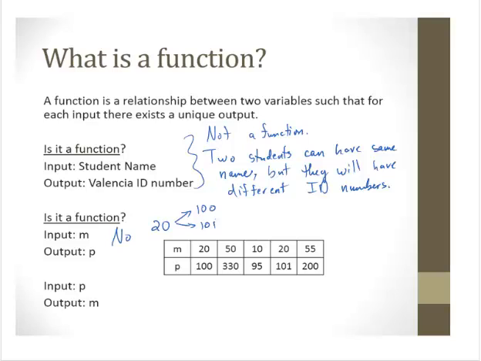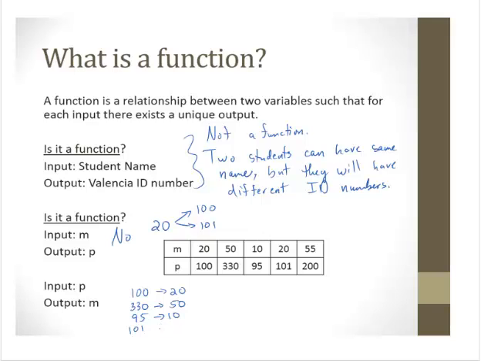What if we take the input to be P and the output to be M? So let's see. Where does 100 go? 100 goes only to 20. Where does 330 go? Only to 50. 95 only to 10. 101 goes only to 20. And so that's okay.